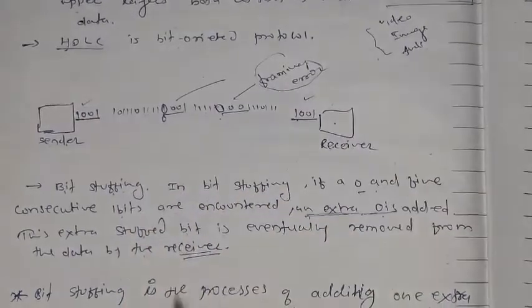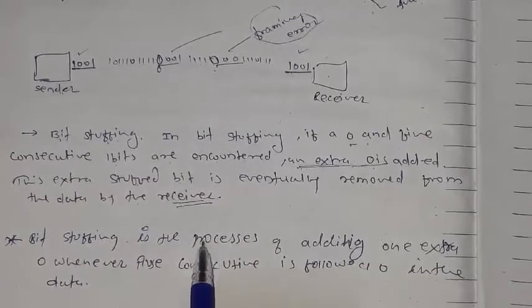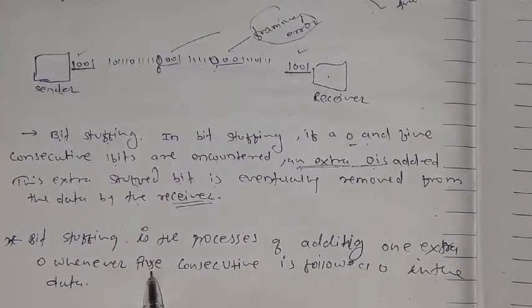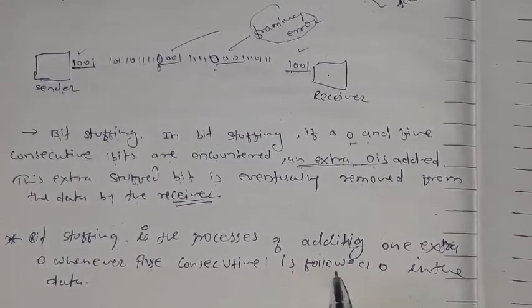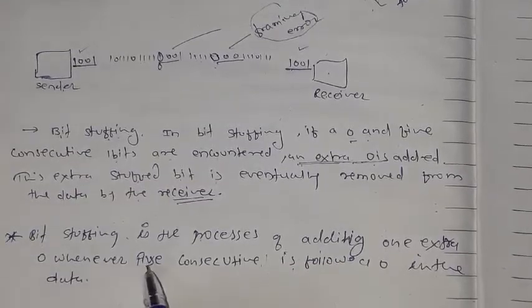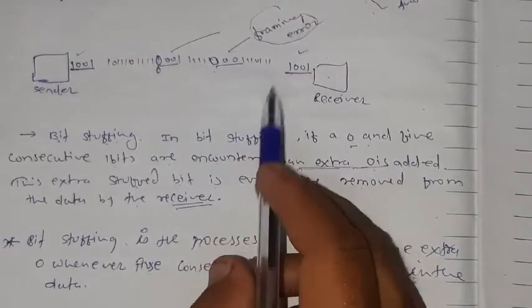Okay. Now the next point: bit stuffing is the process of adding an extra 0 whenever 5 consecutive ones are followed by a 0 in the data, that we already saw in our given example.